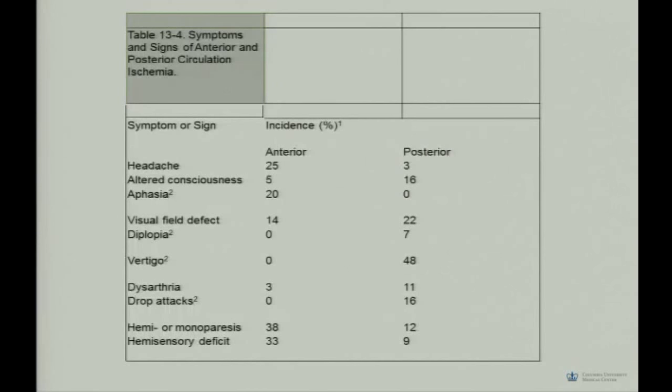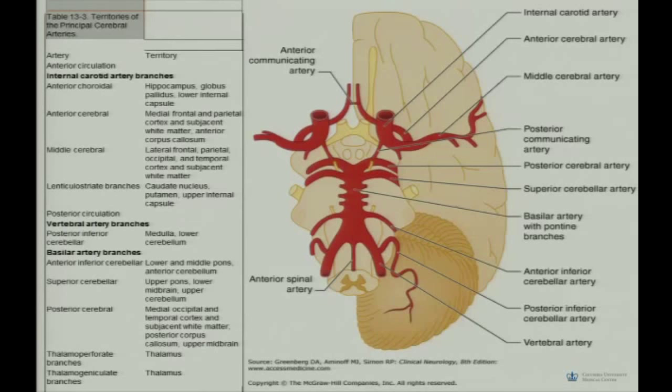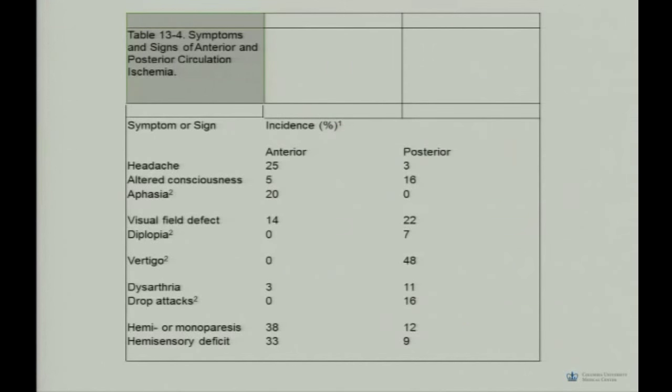So if you just categorize these vessels as being anterior versus posterior, okay, so you have an anterior stroke versus a posterior stroke, you can see that the signs or symptoms are going to vary very significantly depending on whether it's anterior or posterior.